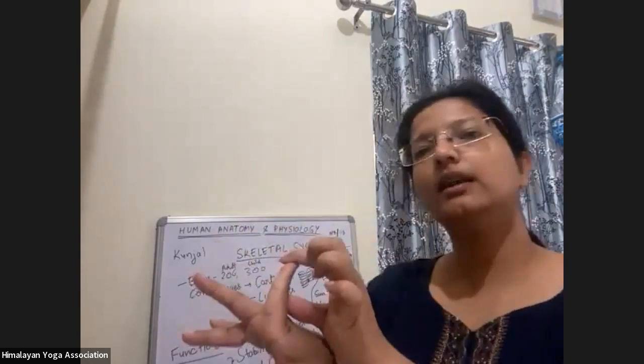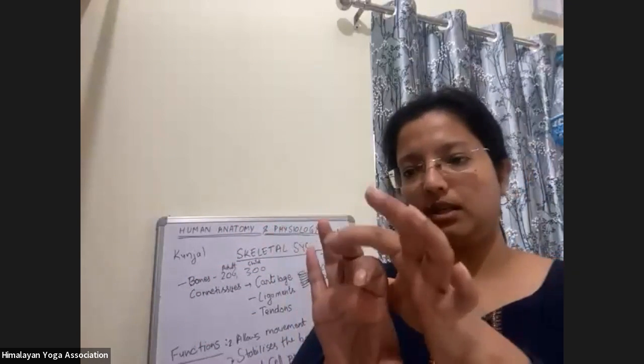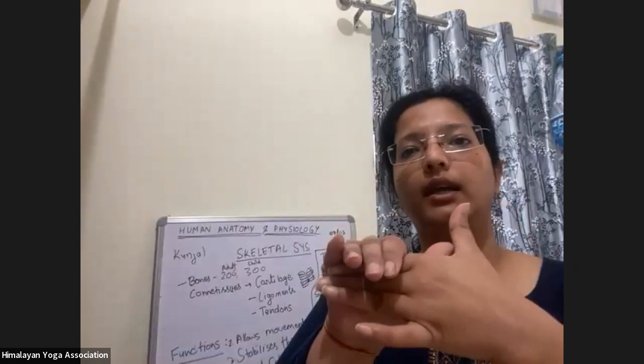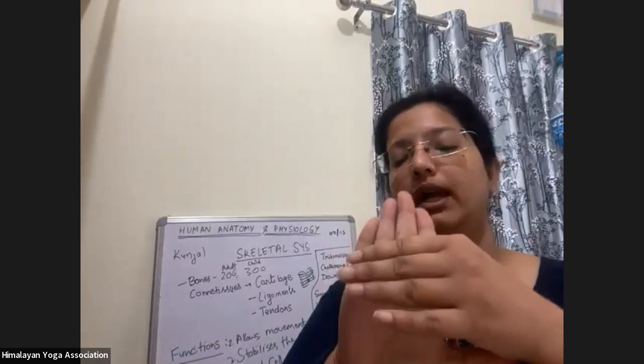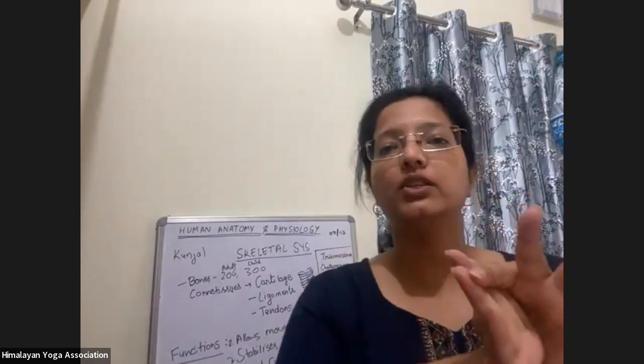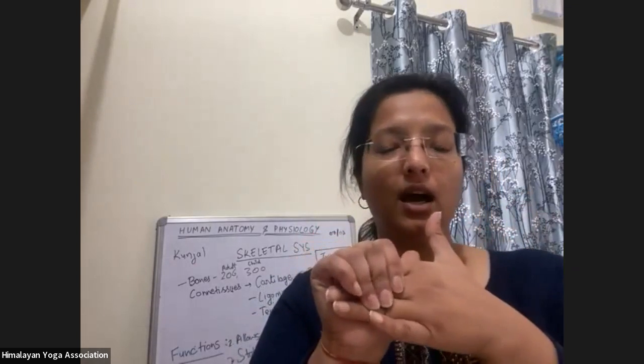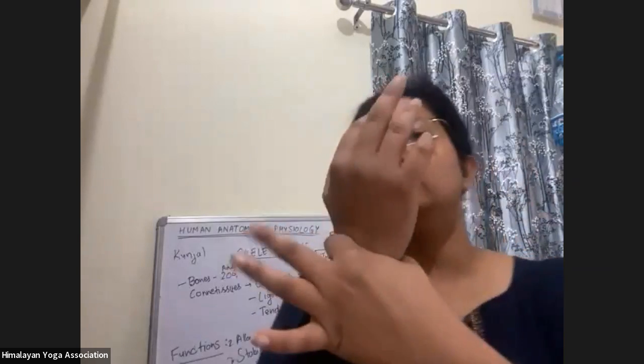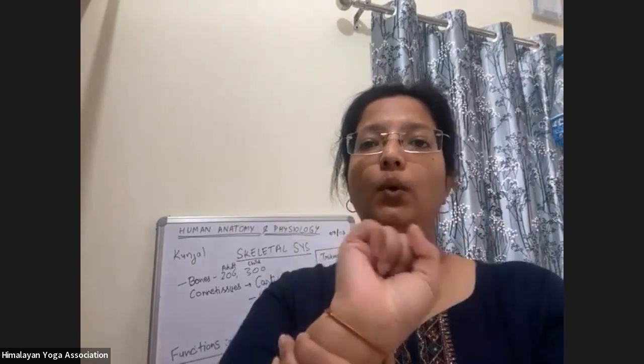If it is backward, then it is stretching, but it's not bending. Same with this finger and this finger. Then here, this wrist joint. I can move it up and down. I can even rotate it.